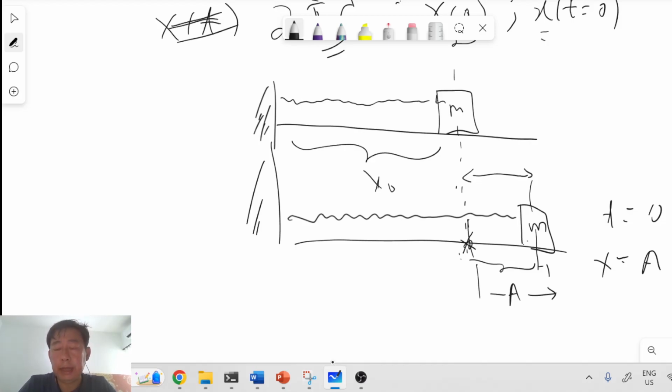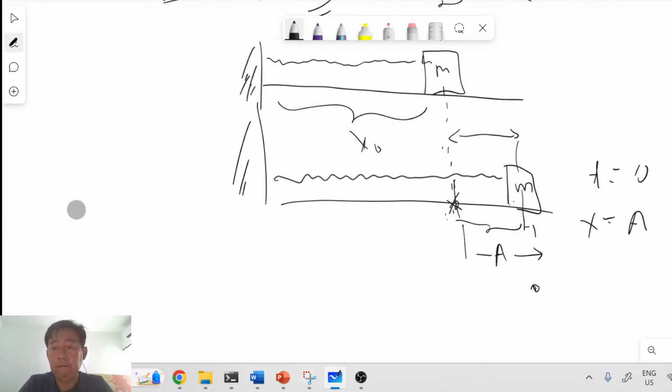It is possible to release the particle without giving m any velocity. You can just pull it and then release it. So when you release it, m initially will not have any initial velocity.